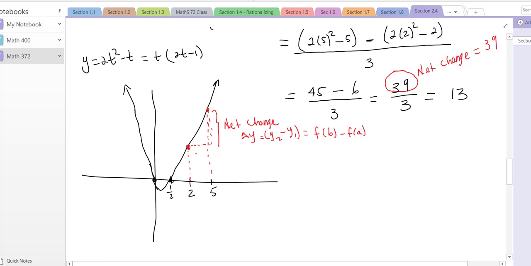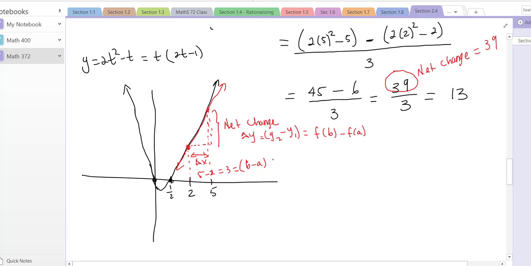And then the change in x is, in this case, 5 minus 2, which is 3, or your b minus a. So that is what you're doing. So when you're finding the average rate of change of the function, you're asking how are the y values changing as the x changes. So it's really the slope of the line that would connect these 2 points. And so that's why it looks like rise over run, because you're really finding the slope of something.